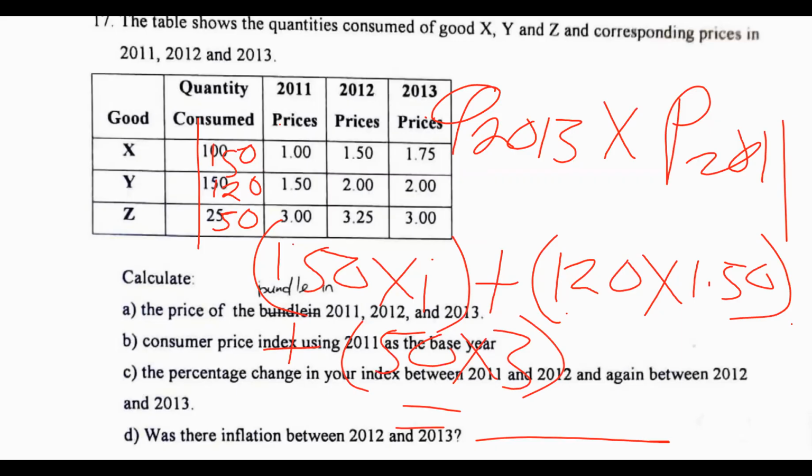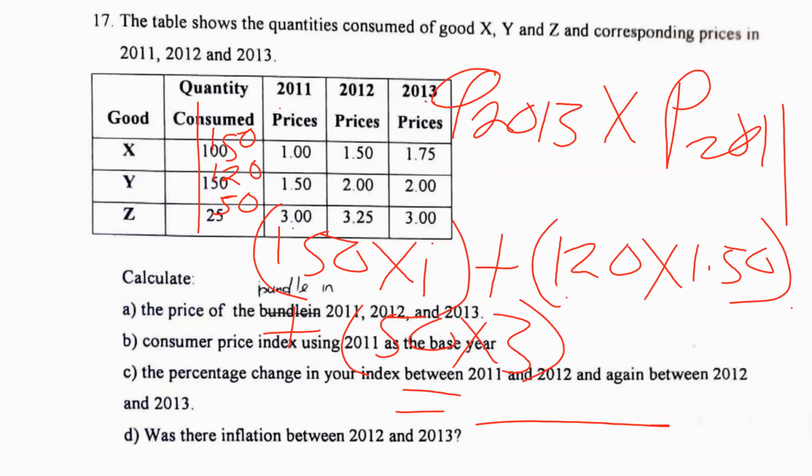Yes. On this question, when you look at D, there is no change in terms of quantities, they have been the same. So there was no inflation? Which question is it? Was there any inflation between 2012 and 2013? We will make an assessment when we calculate the CPI and the real GDP, to see whether there was a change in terms of the prices.